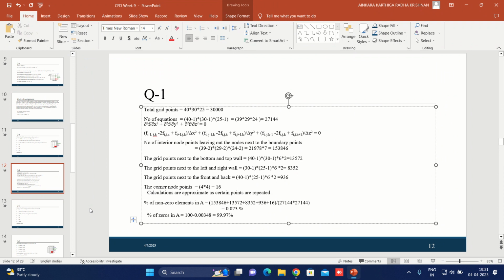So to avoid that, it will be 40 minus 1 into 30 minus 1, and 25 minus, it will be 30 minus 3, and 40 minus 1 into 29 plus 27 into 24 plus 37 into 22 into 2 plus 21,978.